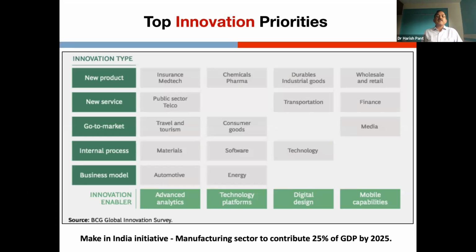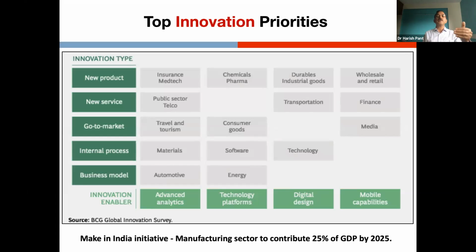From one of the BCG surveys, what kind of innovation types various industries can do: new product, new services, go to market, internal processes, business model. So you can see that a whole lot of innovations are possible, and each of these innovations is integrated.